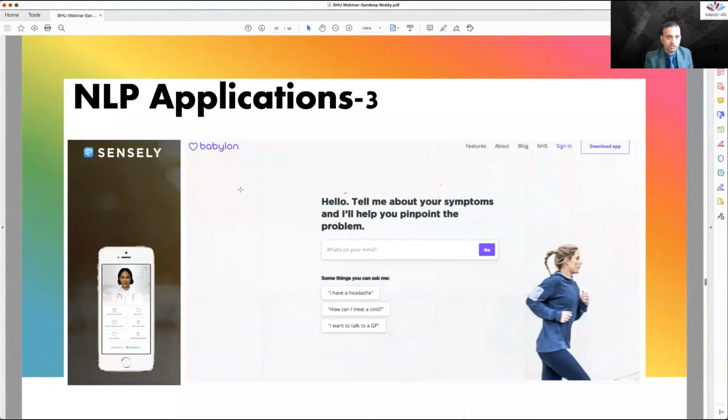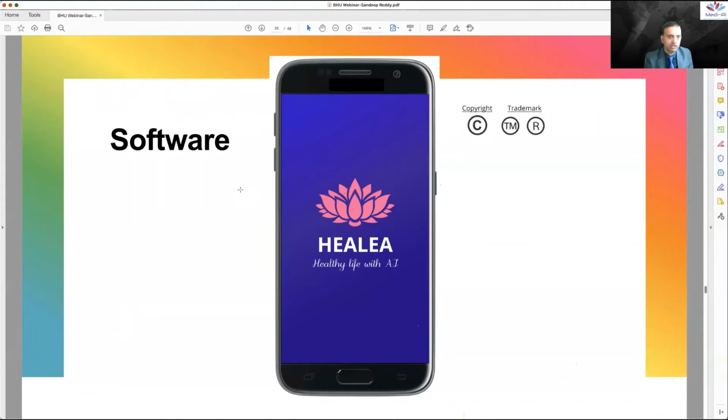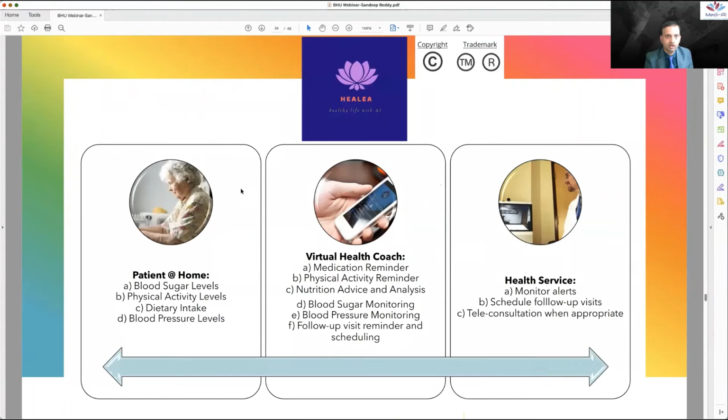Natural language processing applications are not restricted to symptom checkers. They can be used in other areas. For example, we are launching a diabetes management software where we utilize natural language processing to help the patients connect to the doctor, help the patients to adopt healthy lifestyles, adopt a healthy diet, adopt a healthy exercise regimen, but also intelligently organize scheduling of the patients to visit the doctor.